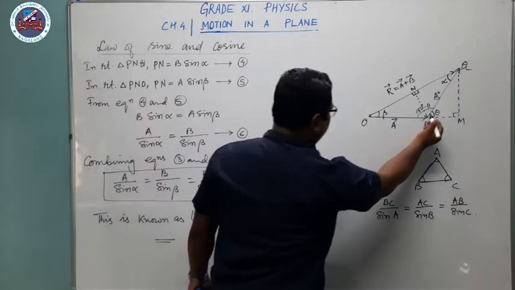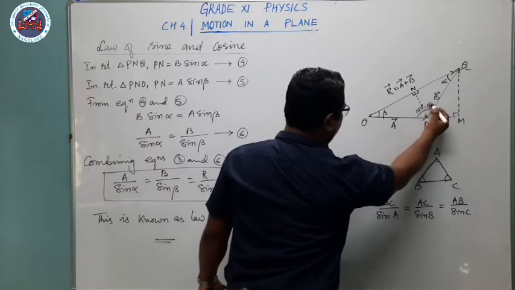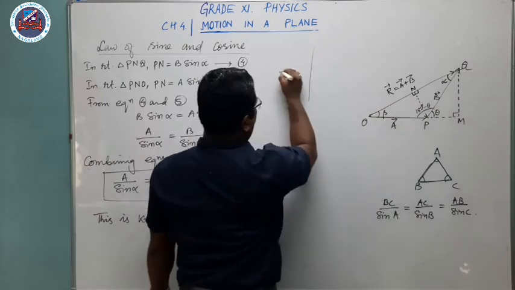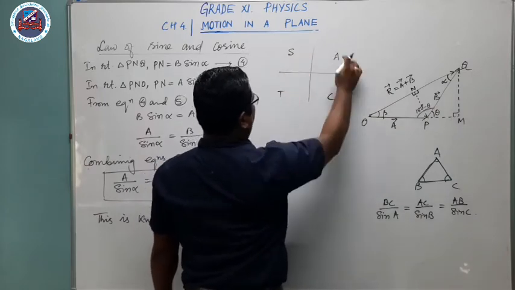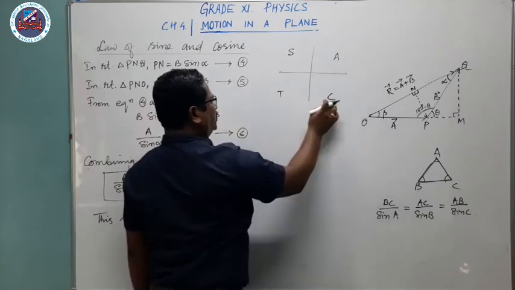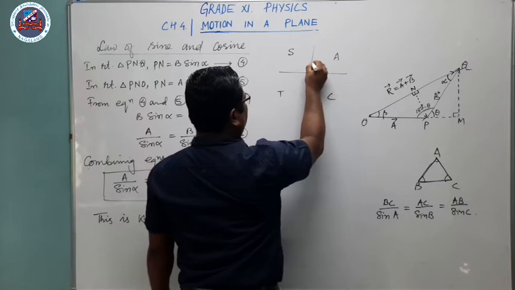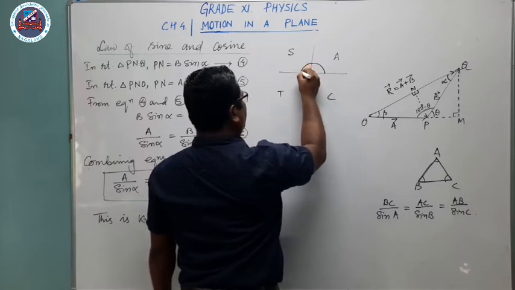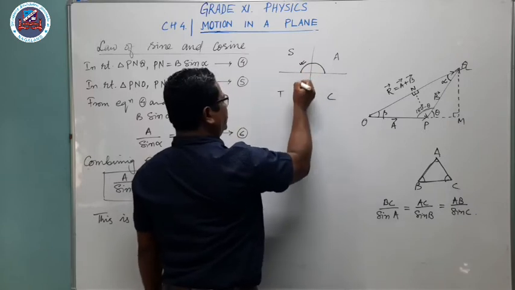Look carefully here. This is 180 minus theta. The total angle is 180 here. So if you take the coordinate system, add sugar to coffee: in the first quadrant all positive, sine positive, tan positive, cos positive. This is 90 degree, 180 degree. 180 minus theta means here, back you have to go, plus theta, then you have to come here.